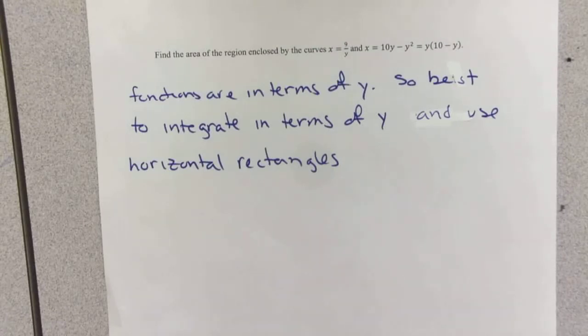So it is usually easiest to go with the variable that you were given. Here we are given things in terms of y, so we're going to go with y.